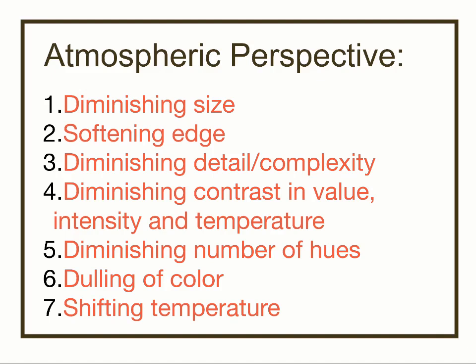There's going to be diminishing contrast in value, intensity, and temperature. So you'll have a wide range in the foreground, a very limited range in the background. You're going to have a diminishing number of hues moving from foreground to background. You're going to have dulling of color as you go towards the background. And you're going to have a shifting of temperature. So it'll flip from either warm to cool or cool to warm.